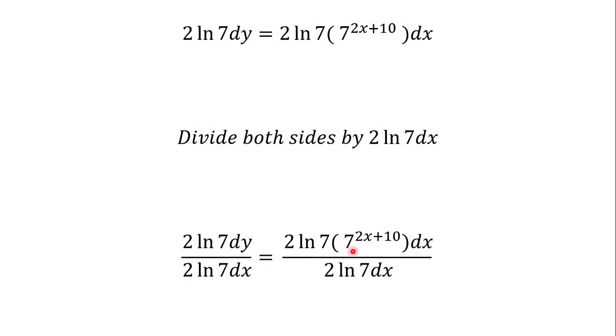So 1 multiplied by 7 raised to the power 2x plus 10 will give us the same thing, 7 raised to the power 2x plus 10. So dy over dx is equal to 7 raised to the power 2x plus 10.